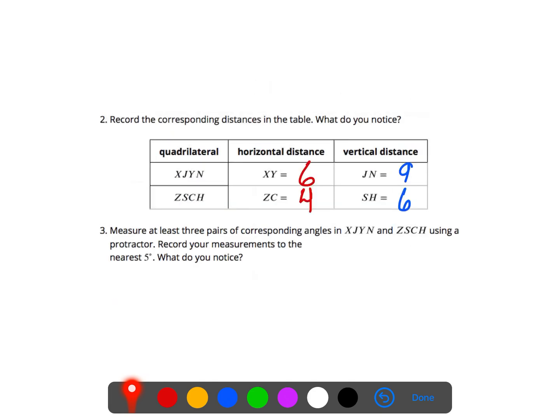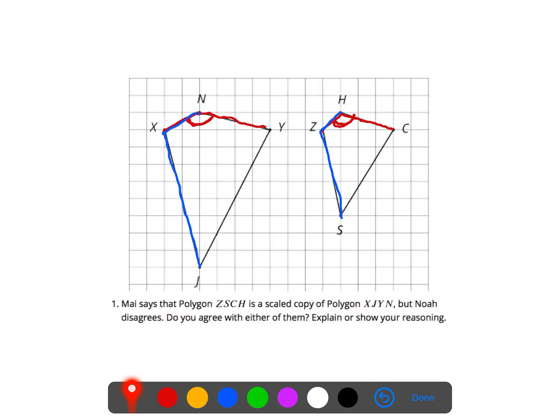This is kind of a trick question because using our distances, it appeared to follow the same scale factor. But if we go back to these images, we can see that the angles are different. Now that kind of makes sense because if I were to trace these two horizontal grids, all right, notice that this way, this angle is only taking up 1 unit, just like it is here.